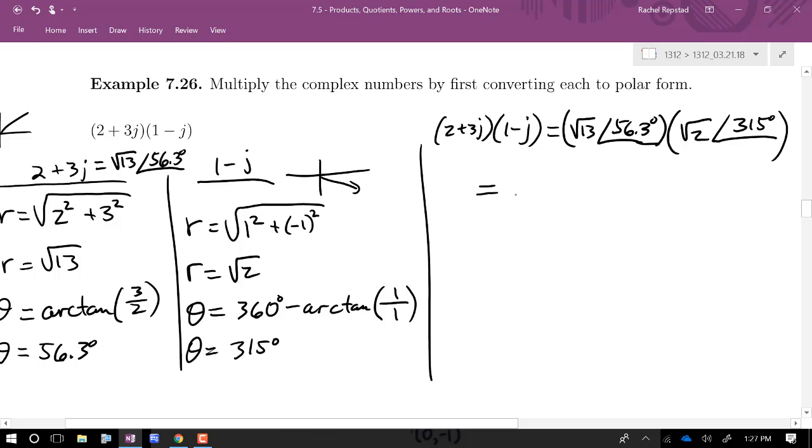So that means if we're going to multiply, we just multiply the two modulus values, root 13 times root 2. And what do we do to the angles? Add them together.